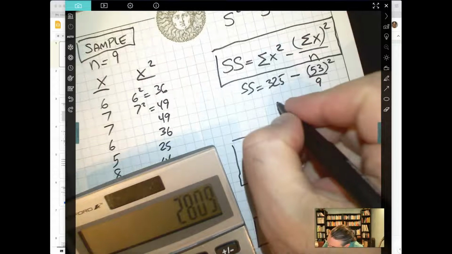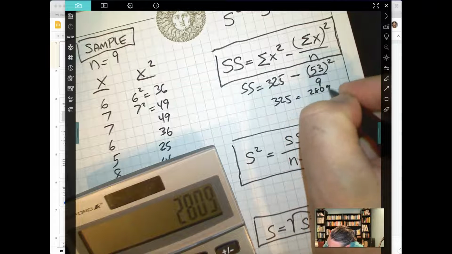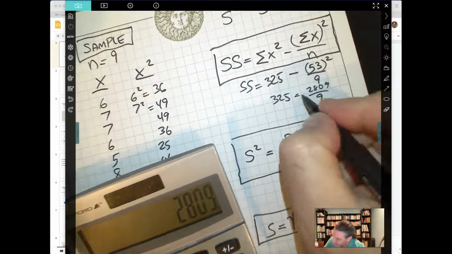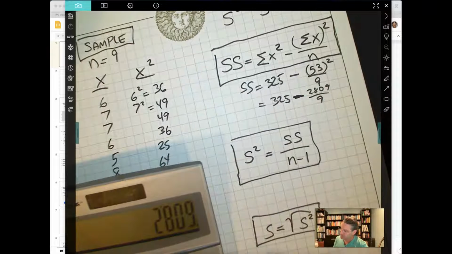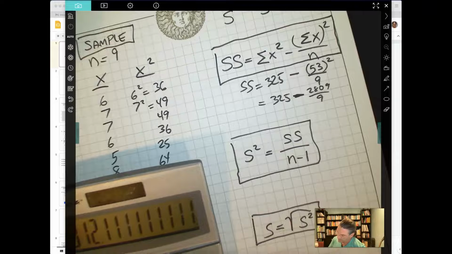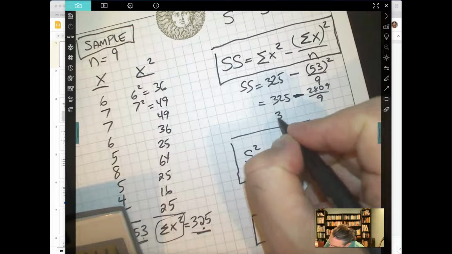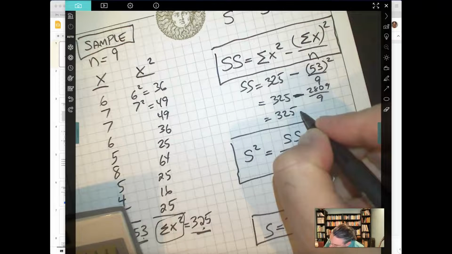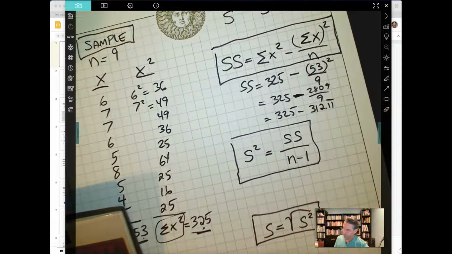Actually, I'll just show all the work. So that's, oops, and that should be a minus. So this is 325 minus 2809 over 9. 2809 divided by 9 is 312.11. So this is 325 minus 312.11 repeating.